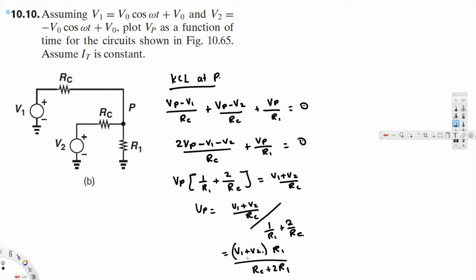Now what we are going to do is, instead of V1 and V2, we are going to plug in V0 cos omega t plus V0, and negative V0 cos omega t plus V0. Now let's go ahead and do that right here.